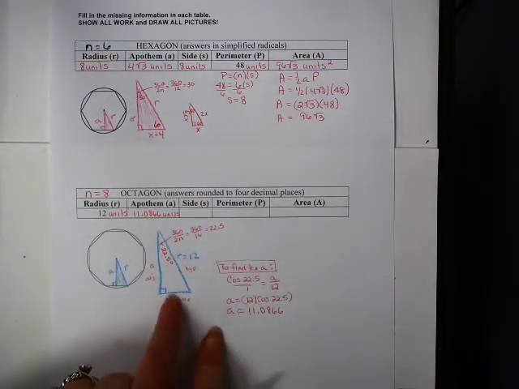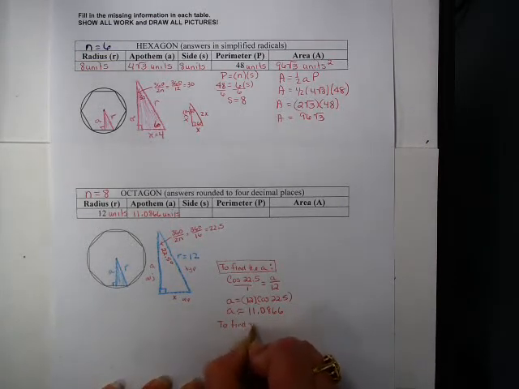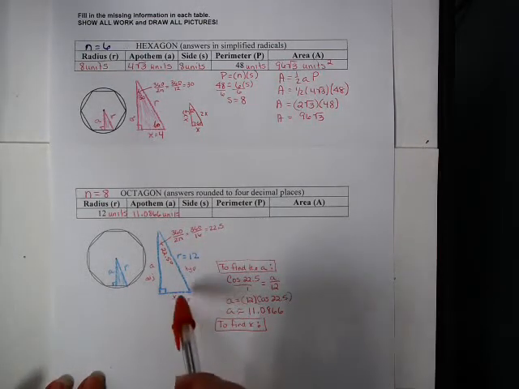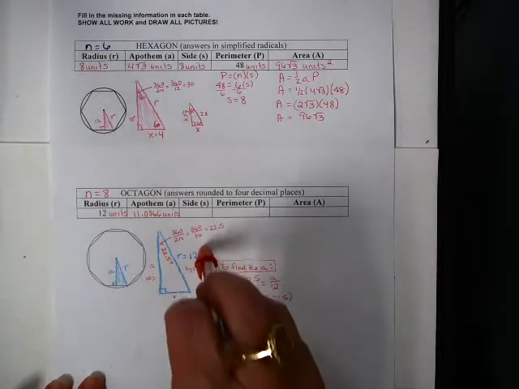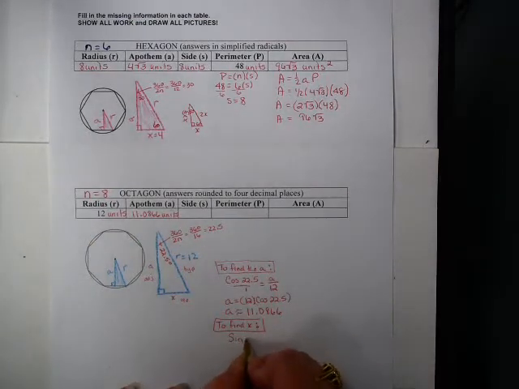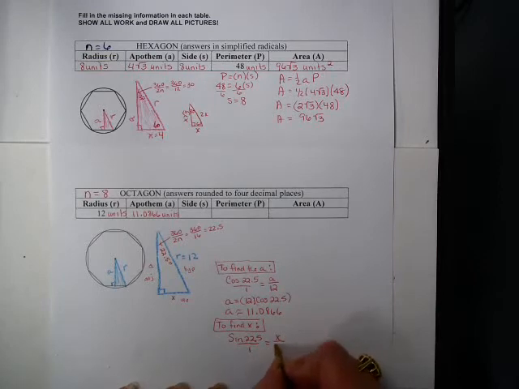Now I need to find this x down here. To find x, I'm going to use trig again, and this time I'm going to use opposite and hypotenuse. Opposite over hypotenuse, that's going to be sine of 22.5 over 1. It's going to be x over 12.